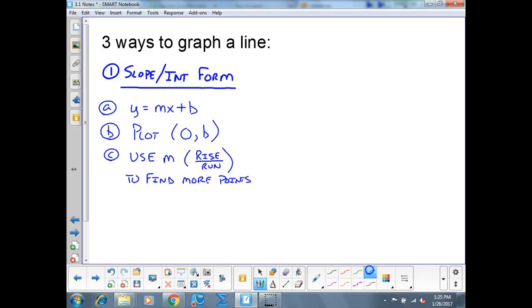And lastly, what do we do? After we found like 4 or 5 more points, we connect them, right? Yeah, we just connect them, we graph it. Okay. So that's one way.